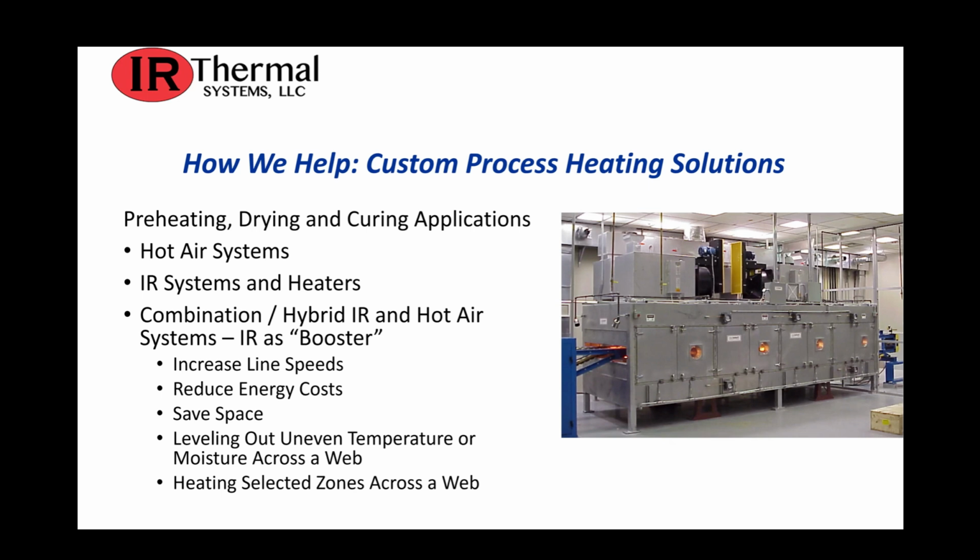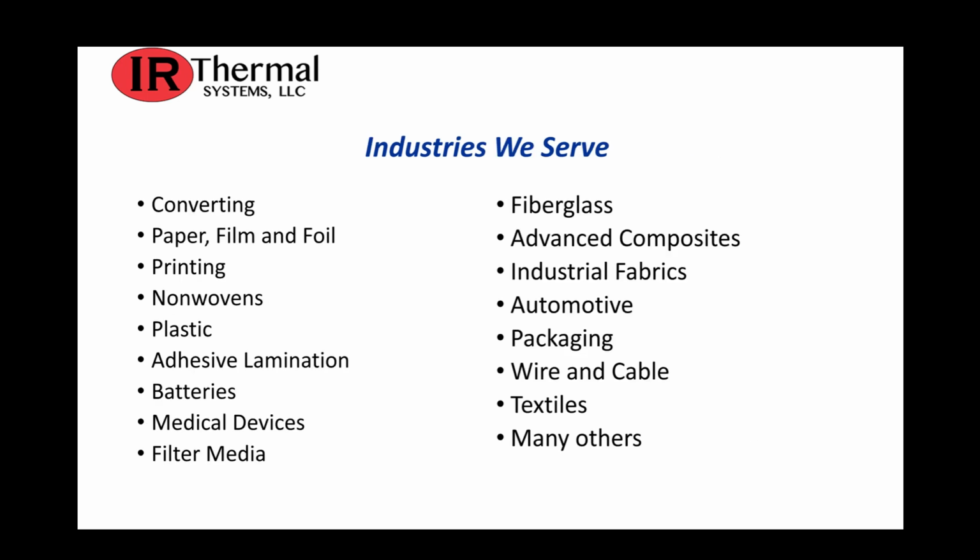In those cases, adding infrared increases line speeds, reduces energy costs, and saves space. They also level out uneven temperature or moisture across the web, or we can even heat specific zones across the web to improve product quality and process performance.